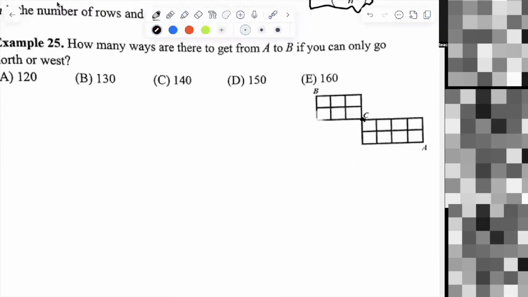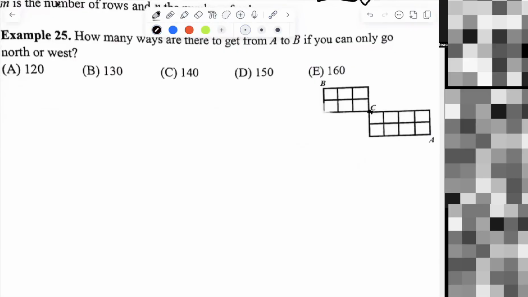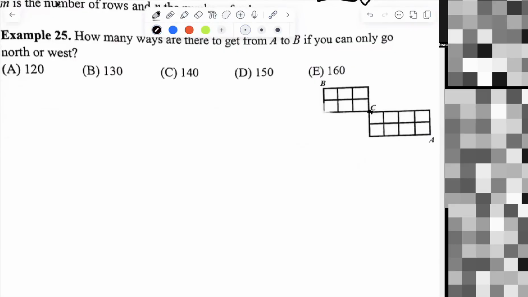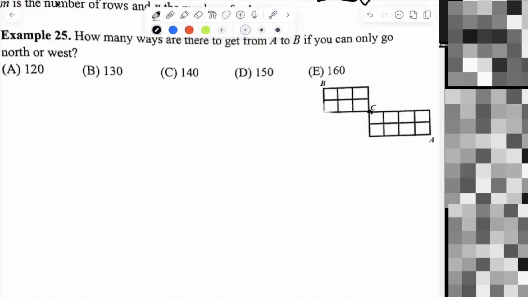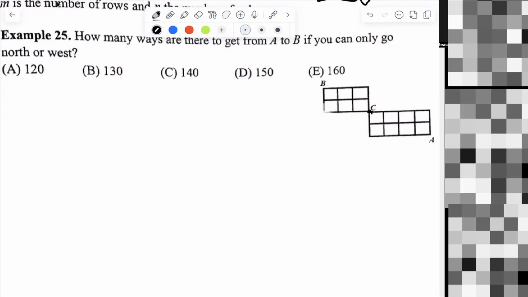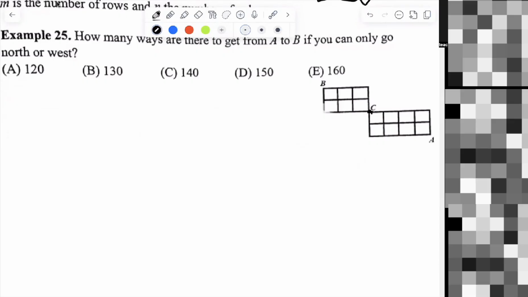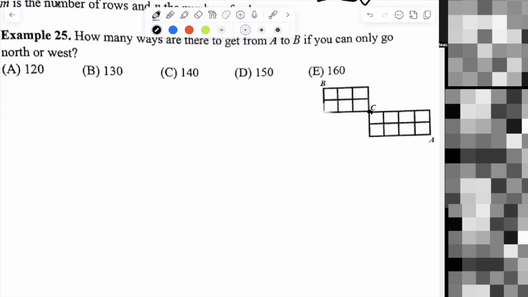That's pretty simple from there. Remember that now we can just apply the formula we talked about right before with the proof: the number of paths with 4 as the width and 2 as the length, or 2 as the length and 4 as the width, are really just the same thing, just rotated, and they still give you the same number of paths.